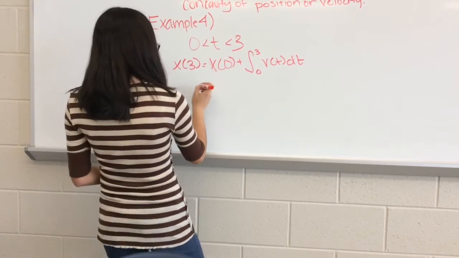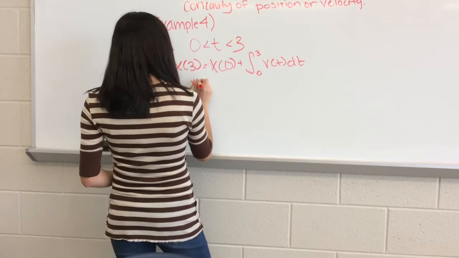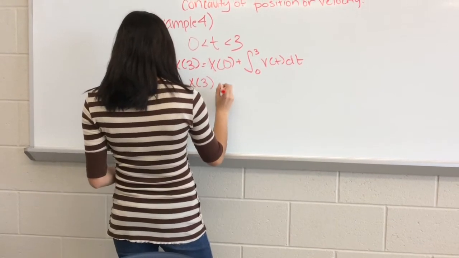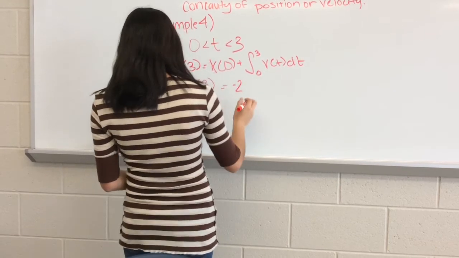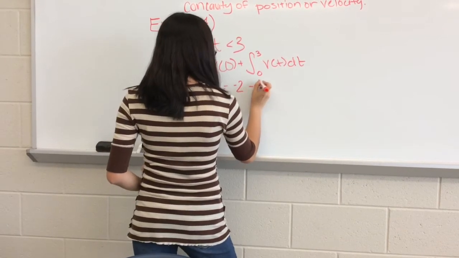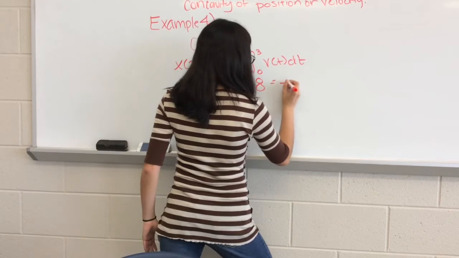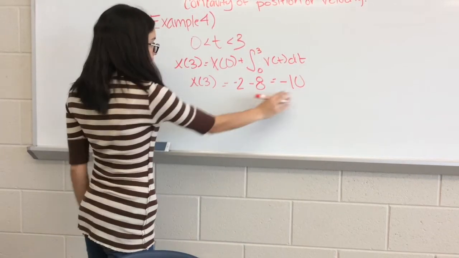And we are given that the x of 0 is -2, and that this integral is -8, so we do -2 plus -8, and we get -10. So the x of 3 is -10.